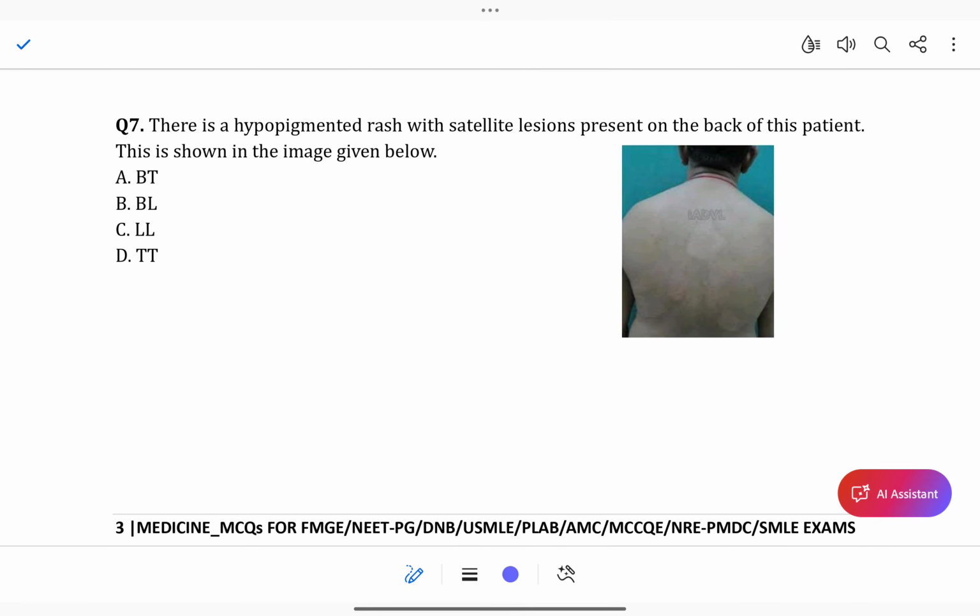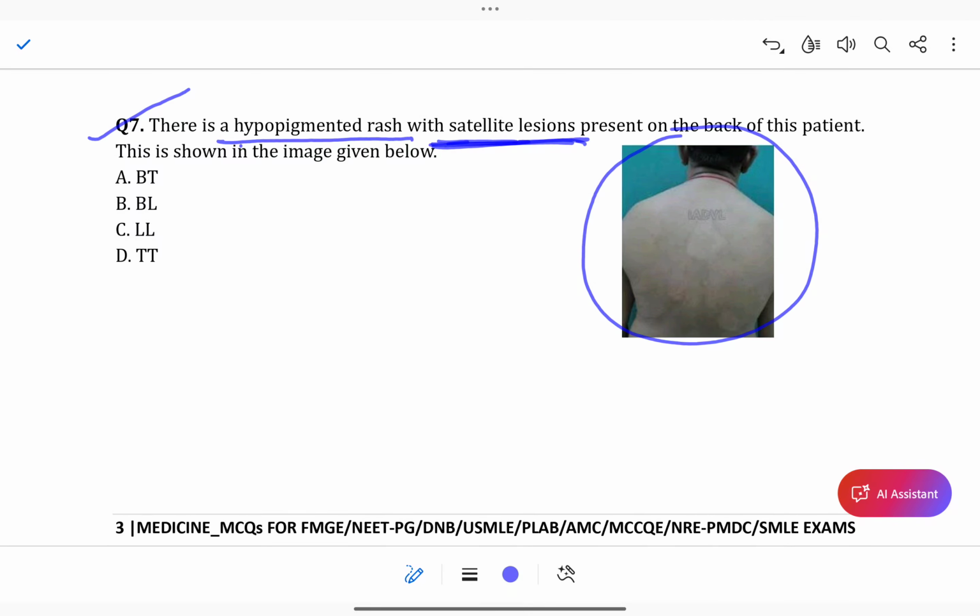Question 7 is very easy. I hope you know about it. This image has been given here. Hypopigmented rash. It means there is a pigmentation problem in the patient. Hypopigmentation, and also there is another key point: satellite lesions. So one key point in this question is hypopigmented rash.